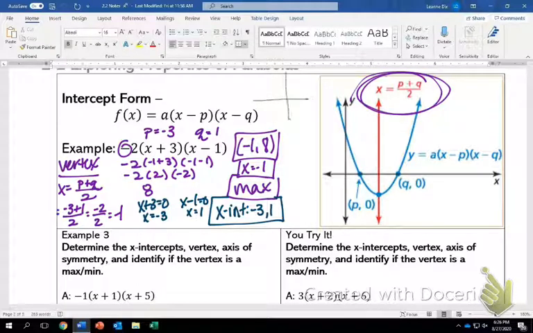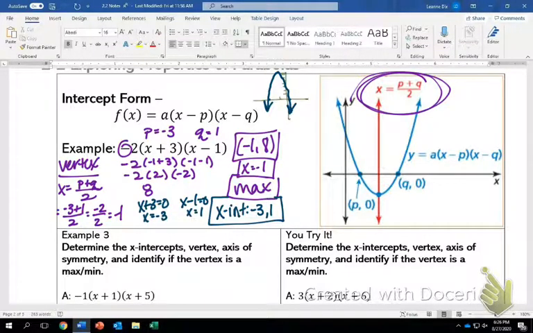There we go. -1, 1, 2, 3, 4, 5, 6, 7, 8. So it's going to be way up here. That's going to be my vertex. My x-intercepts are going to be at -3, which is somewhere over here, and +1, which should be right there. And it's opening downward, as I've already mentioned. My axis of symmetry is at -1, and so my parabola is going to look something like this.